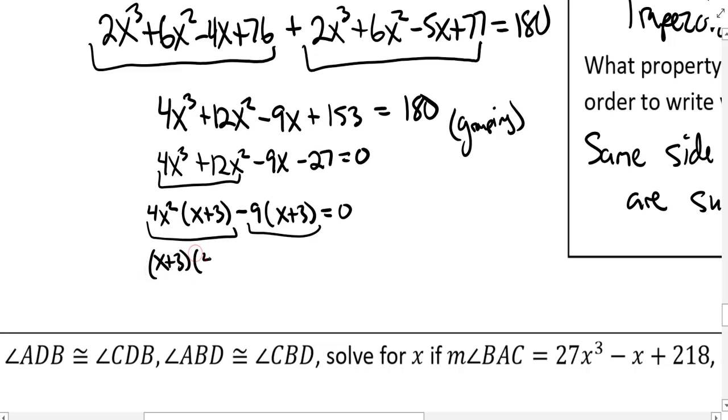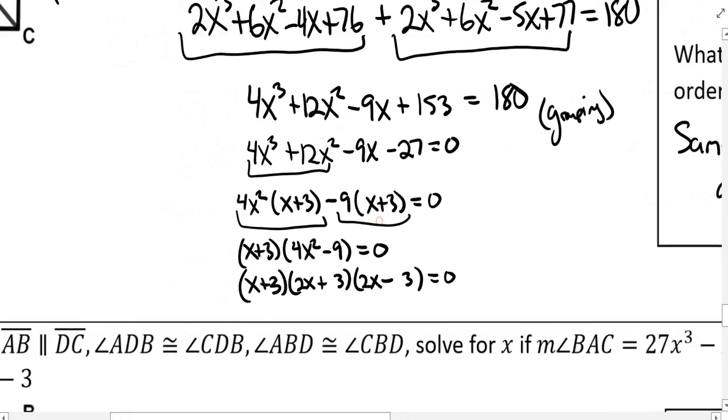Factor that out, and we get 4x squared minus 9, which is itself a difference of 2 squares, so we've got to factor again. Square root of 4x squared is 2x. Square root of 9 is 3. And now we have it fully factored.